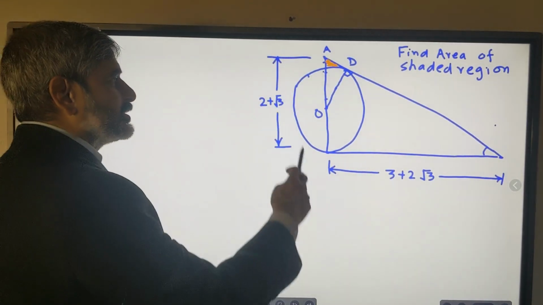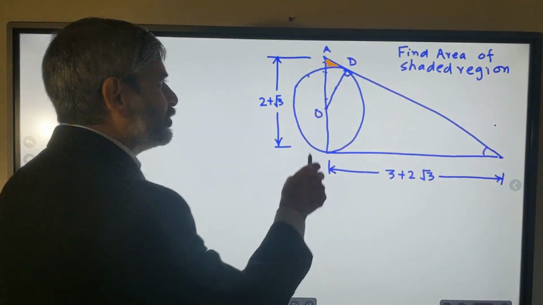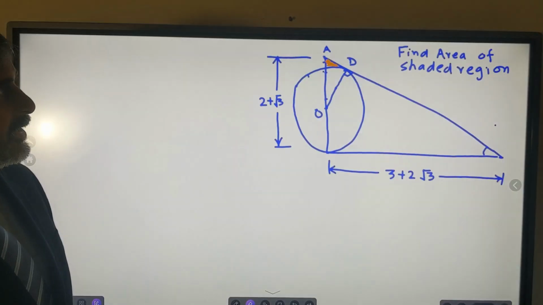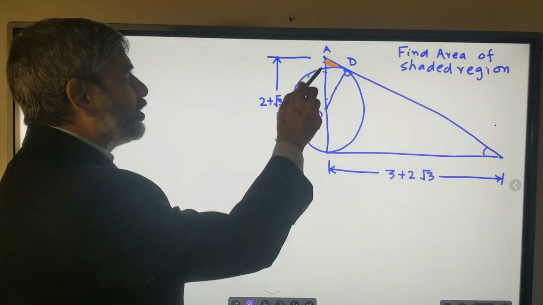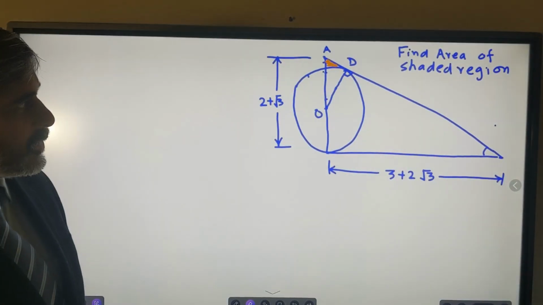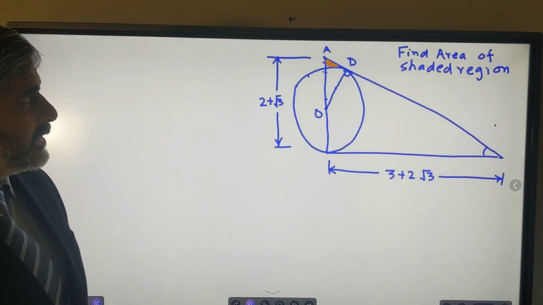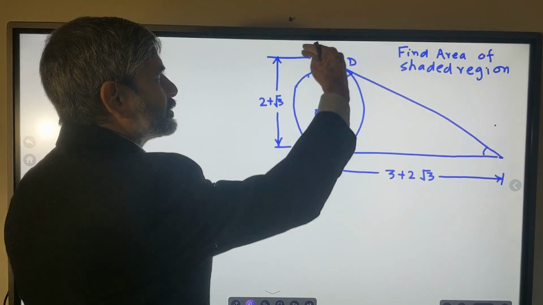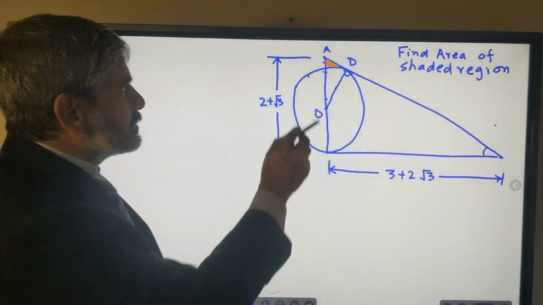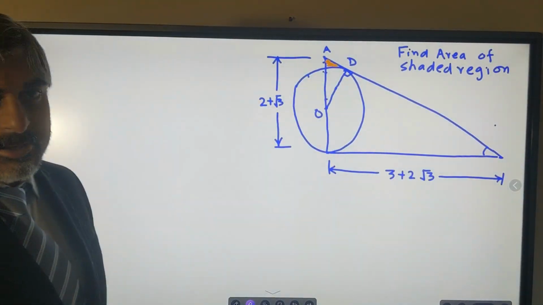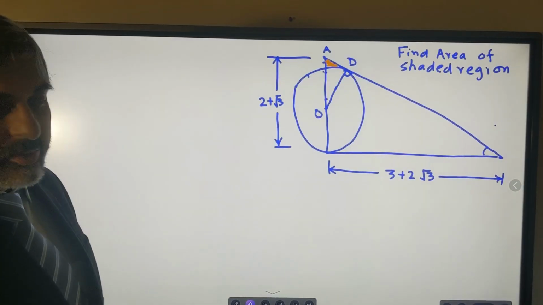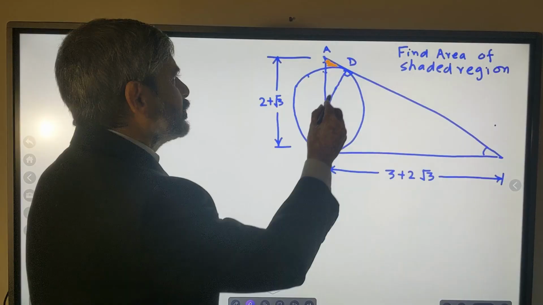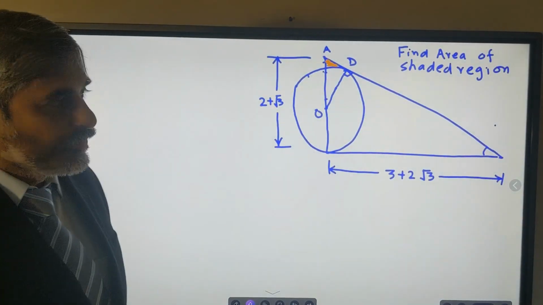We are given this right angle triangle with those two sides, and we need to find the area of this shaded region. The key idea here is that the circle is touching this diagonal, this hypotenuse, and therefore this radius is perpendicular to it.